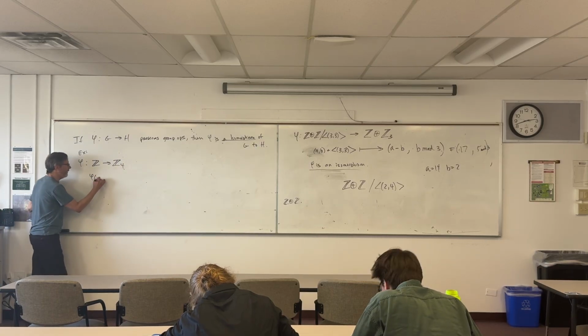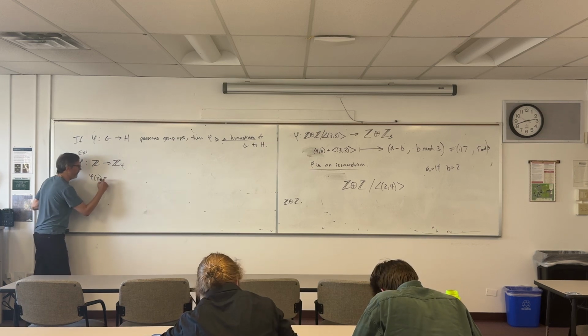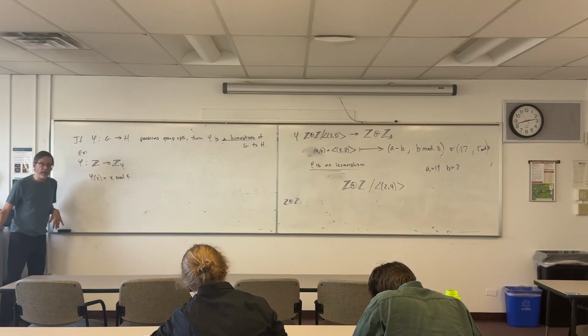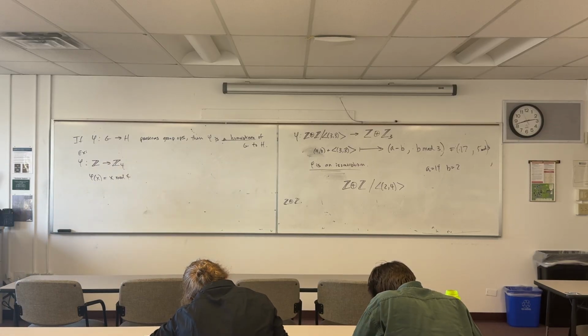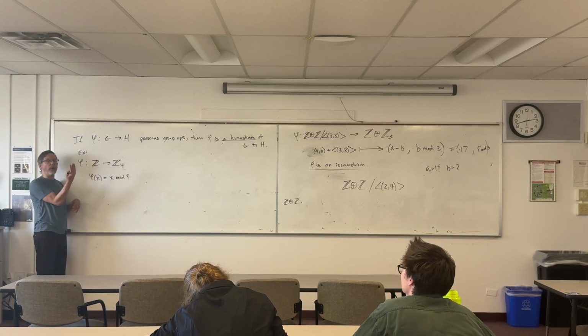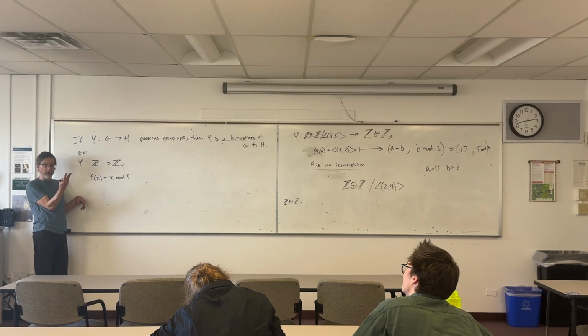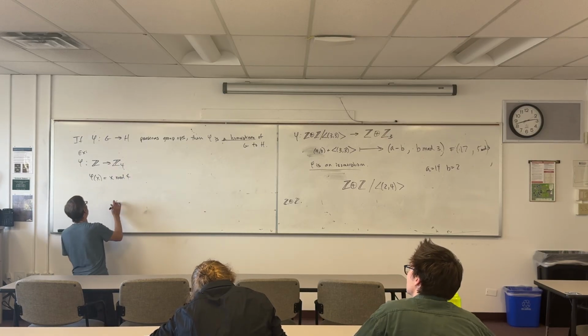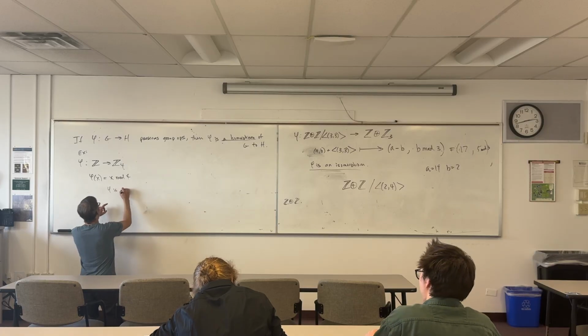And phi of X is just, take some integer X and literally just mod four. So it takes all of the integers and crushes them down into these 4 different integers, 0, 1, 2, or 3, modulo 4. So this thing here is a group homomorphism. So phi is a homomorphism.